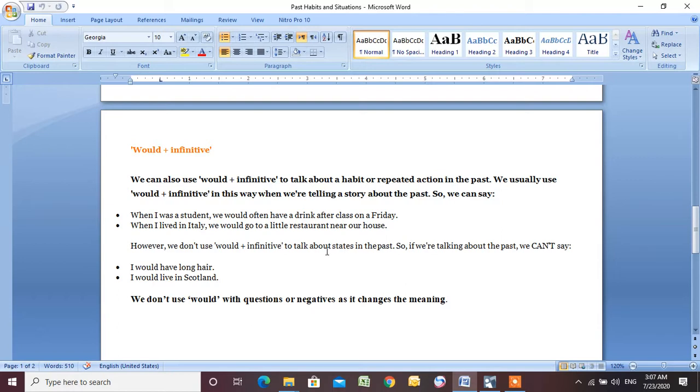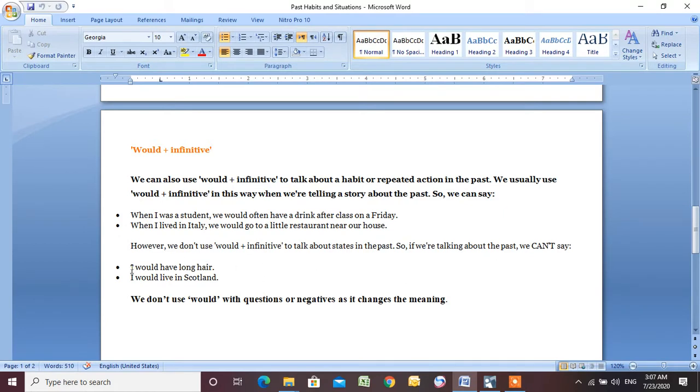But when I talk about states in the past, I cannot use this expression, would plus infinitive. States like what? Like I had short hair. I used to be a runner.